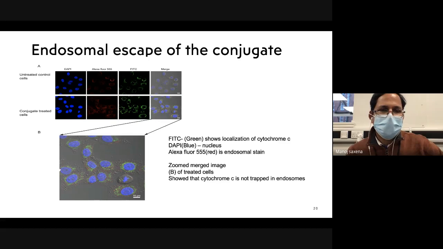So an experiment was done, specifically labeling the endosomes by a dye, Alexa Fluor 555, which stains the endosome, and also localizing the cytochrome C. In this particular panel, even in the treated cells, you can see the red and green labels are separate. That means the conjugate which was able to enter inside was not trapped in the endosome, but was able to escape the endosome. So that means it was available for its action to induce apoptosis.